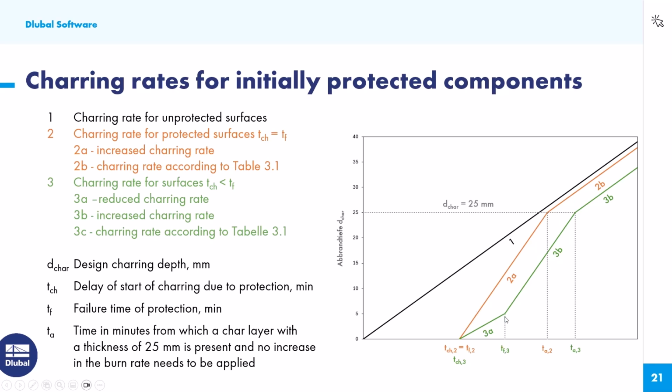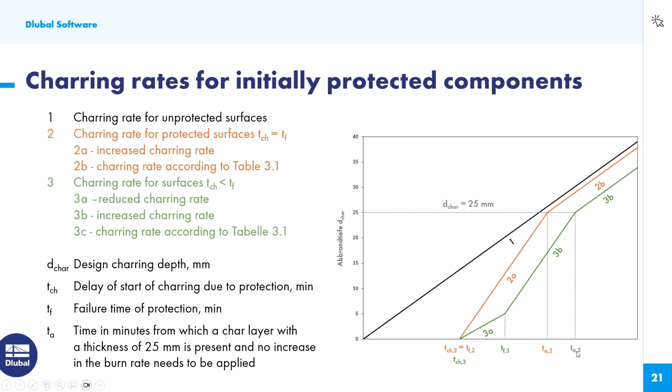Yeah, and after the protection is gone, we will have some increased charring rate again. You see here we have this 25 millimeters limit, and after this 25 millimeters, the normal charring rate will continue.